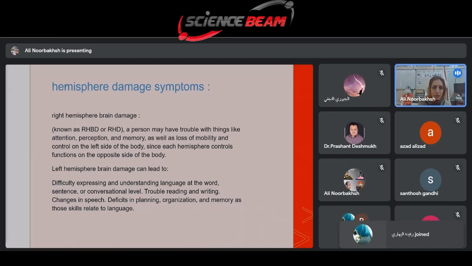Change in speech, deficit in planning, organization, and memory, as those skills are related to language.